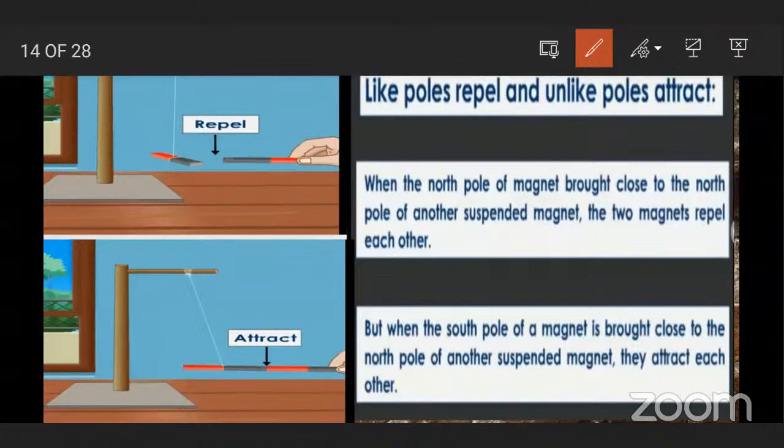And when the south pole of a magnet is brought close to the north pole of another suspended magnet, they attract each other. Here is attraction. These are unlike poles. This is the south pole, this is the north pole. They attract each other. And here is repulsion. This is the south pole, this is the south pole. These like poles repel each other.